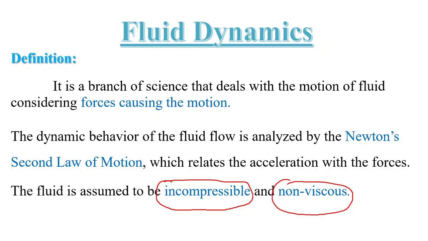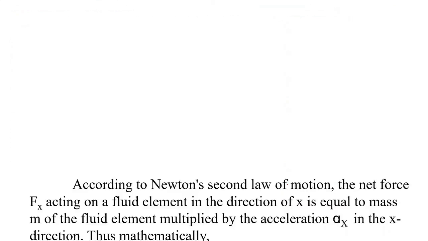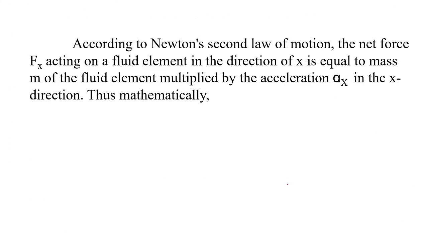It will be analyzed in this chapter. We will see one by one. This video covers the theory part of this chapter, and for the problems we will do another video.